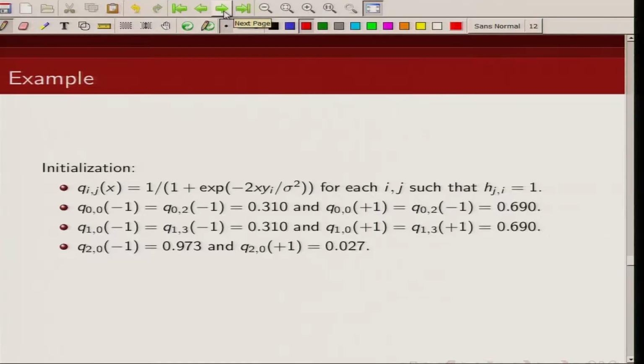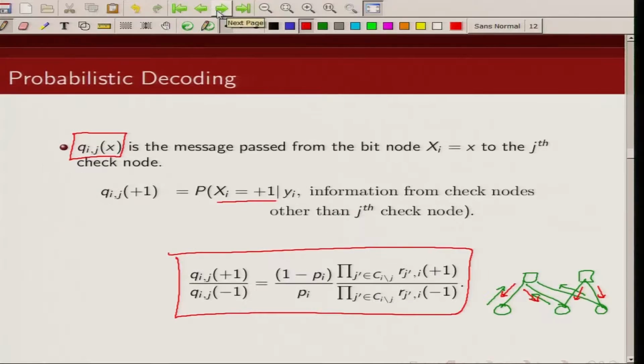Now, again just pay a little attention to what Qij is. Qij is the message passed from the ith bit to the jth parity check constraint. So, if you label your nodes 0, 1, 2, 3, 4 and similarly label the parity check constraints, what you are going to notice is that you need to compute your Qijs for this example.